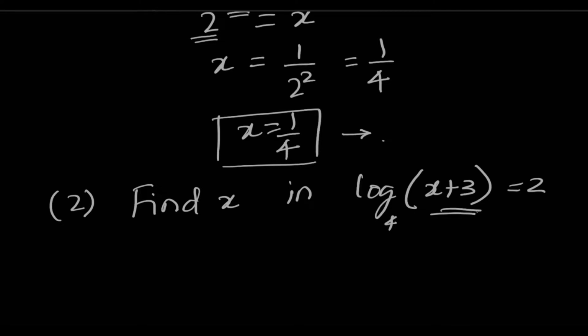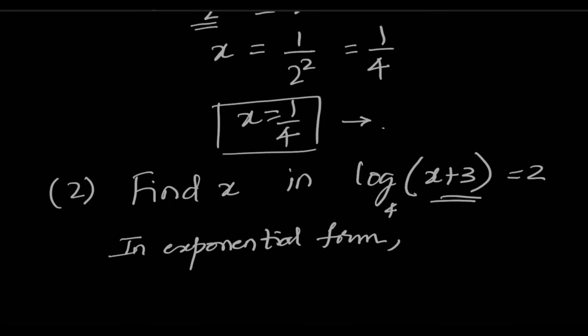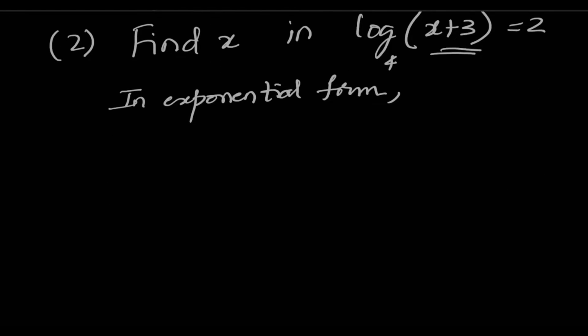Now in the exponential form, how can it be written? It can be written as 4. First you have to always take this number 4, then raised to the power 2 is equal to x plus 3.